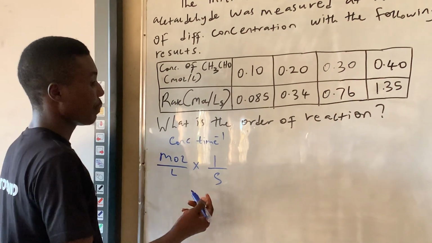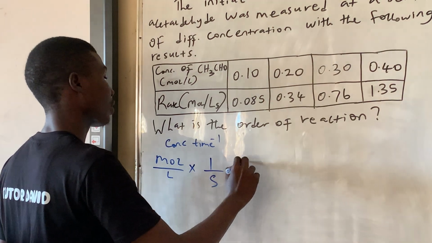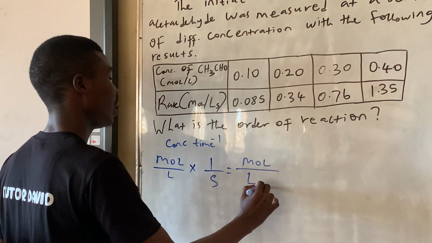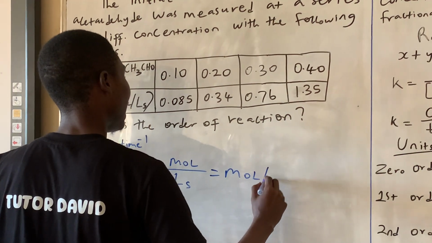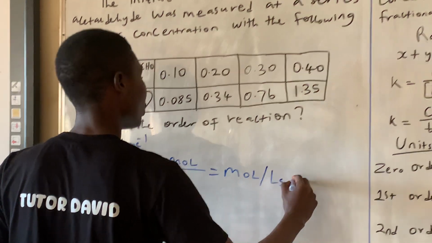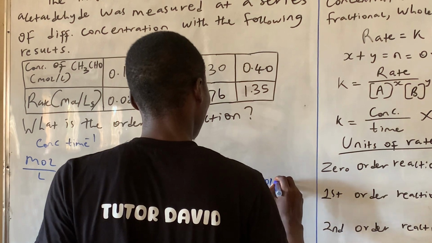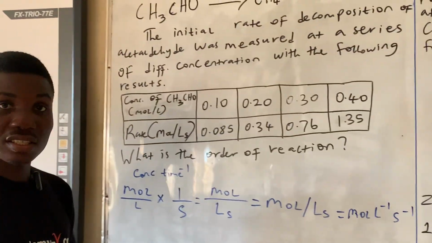That's going to be mole over liter times seconds, so it's mole per liter per second. I hope that's making sense to you now.